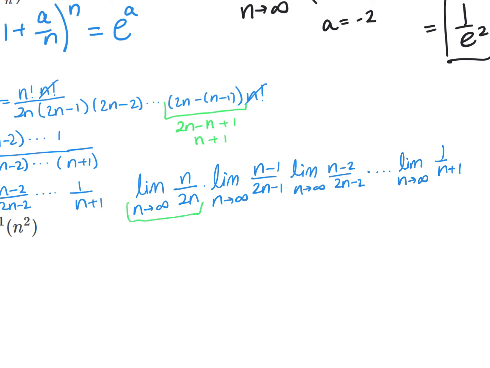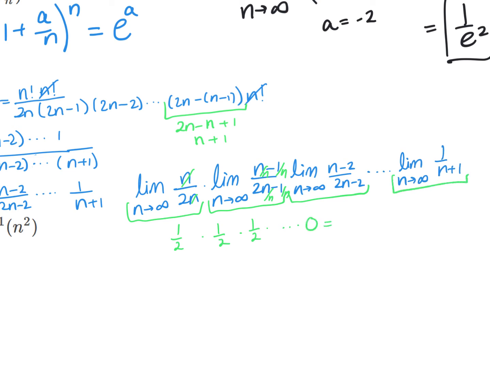This first one, as you can see, the n's will cancel and I just get 1/2. The second one, when I divide everything by my highest n in the denominator, which is n, or using L'Hopital's, I get 1/2. This one also gives me 1/2. And then I get all the way down to this one, which gives me 0.